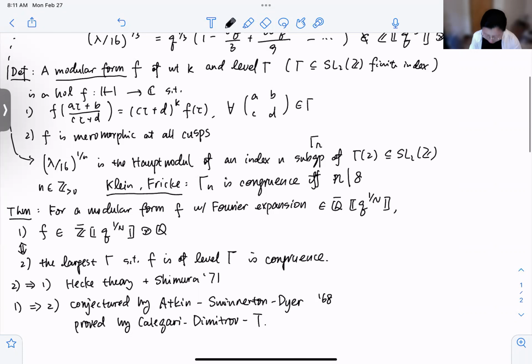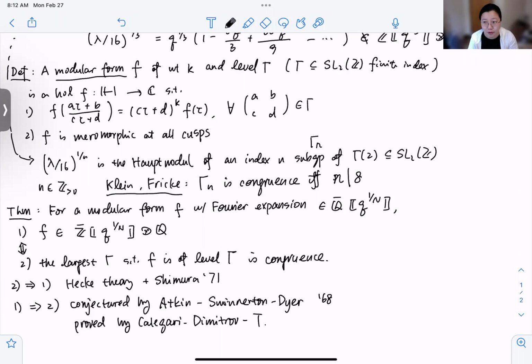Okay, so let me go back to a little bit of details about the assertion. So first, why do we assume F has Fourier expansions in algebraic numbers? Is that because we have all the modular curves coming from H quotient gamma, where gamma is a finite index subgroup, being a ramified cover of the j-line ramified at 3 points, which are rational numbers, and hence we always have a Q-bar model of the modular curves.